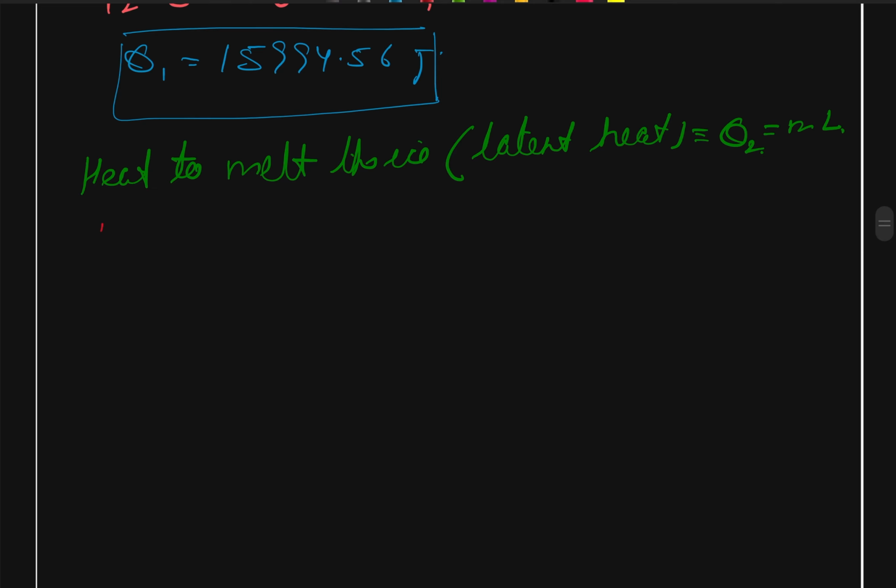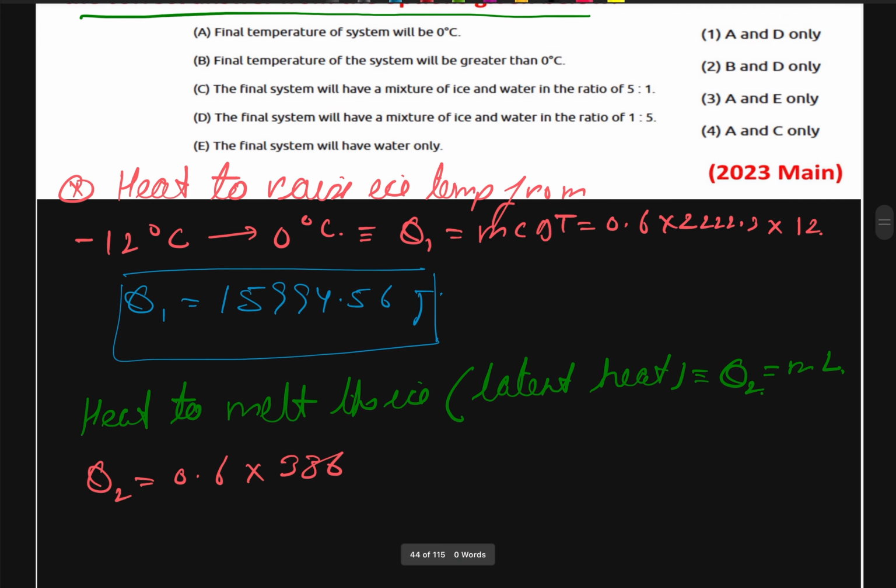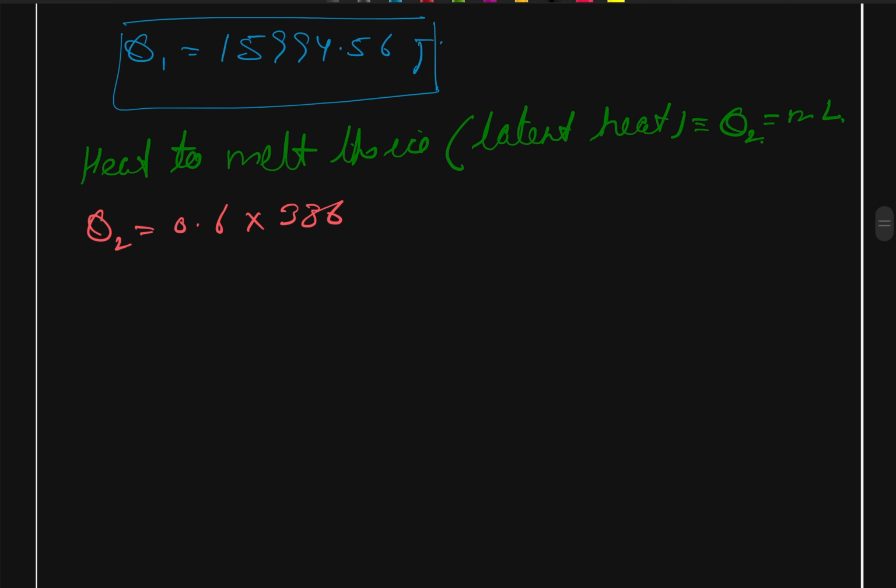So we get our Q2 as 0.6 multiplied by 336 kilojoule. So this will be coming as 201,600 joules.